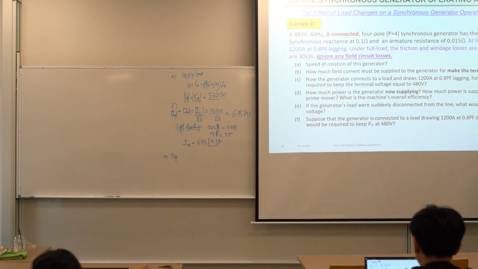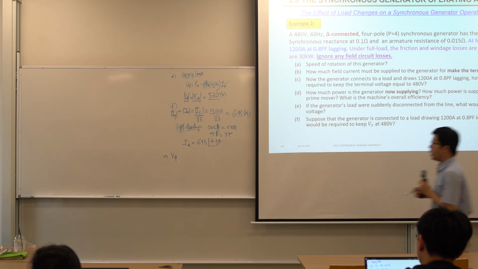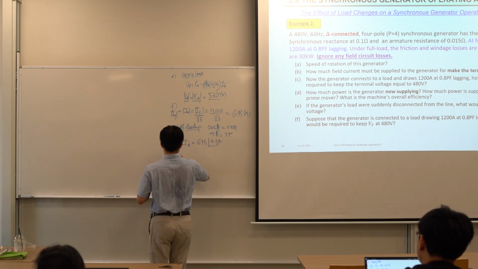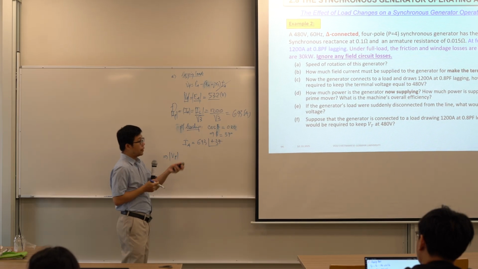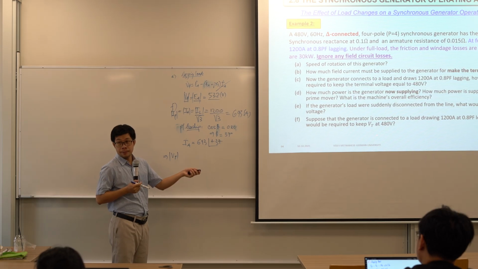And how much field current would be required to keep VT at 480 volt? We know this is 3-phase, so VT is line voltage.